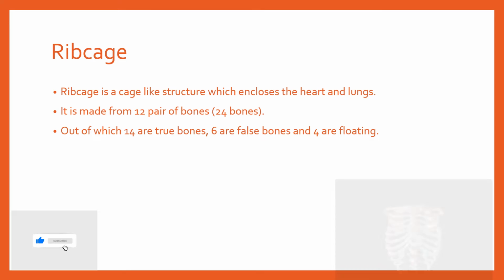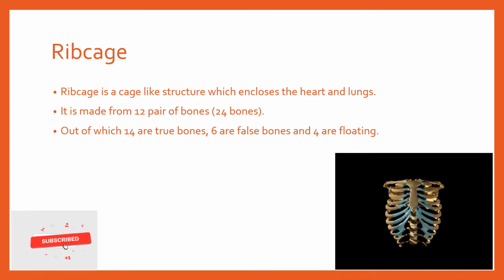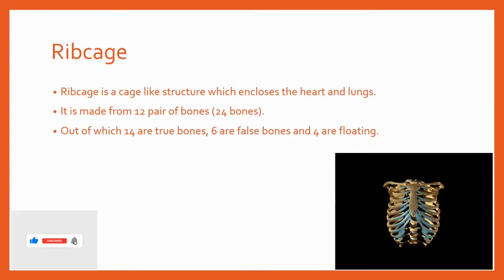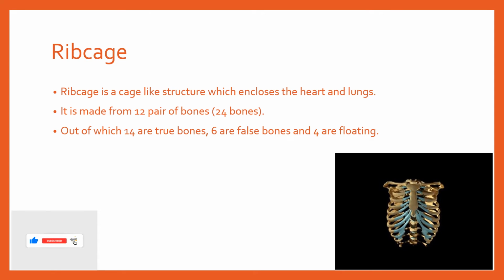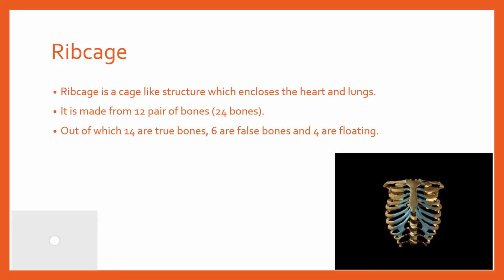Now we will study about the rib cage. There are mainly 12 pairs of ribs in the cage, or we can say the rib cage is a cage-like structure which encloses the heart and the lungs. They are joined to the backbone as well as the breastbone.